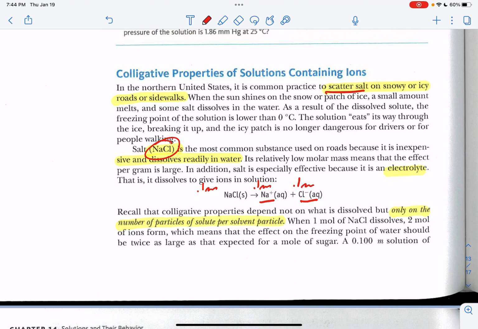But what you're supposed to see here is my 1 sodium chloride becomes 2 separate particles in water. And that therefore doubles the effect of the colligative property. It will double the freezing point depression, that is the delta T, in which the freezing point is lowered. It'll double the boiling point elevation.